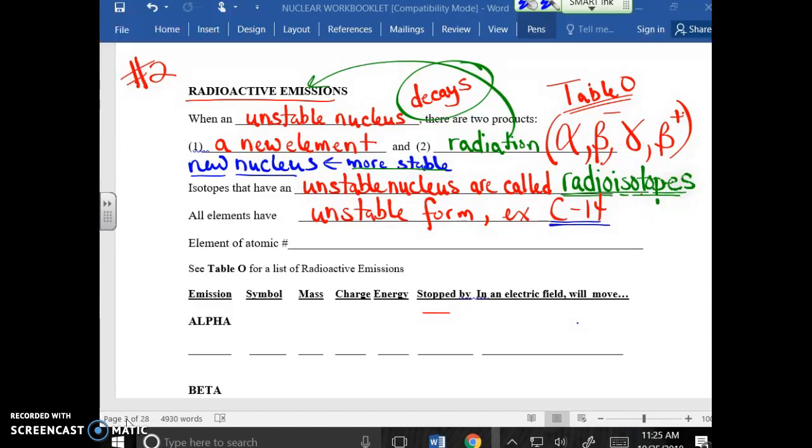Elements number 1 to 83 have perfectly stable forms, but then they have unstable forms as well. As we said in the previous lesson, if you're element 84 and above, these ones only have unstable forms. 84 and above have only unstable forms. That's good. You're always going to get a question on that in the test, either part 2 or multiple choice. So just commit that to memory.